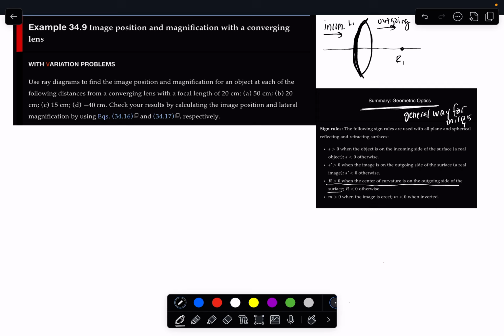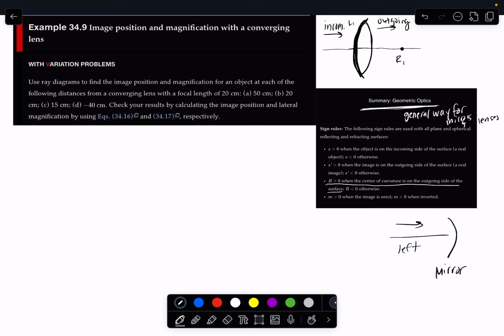And to summarize it for both mirrors and lenses, you have to define the positive or negative radius of curvature in terms of the incoming and outgoing side of the surface. For a mirror, it's very easy to understand what the incoming and outgoing side is, because the incoming and outgoing side of a mirror is always the left side.